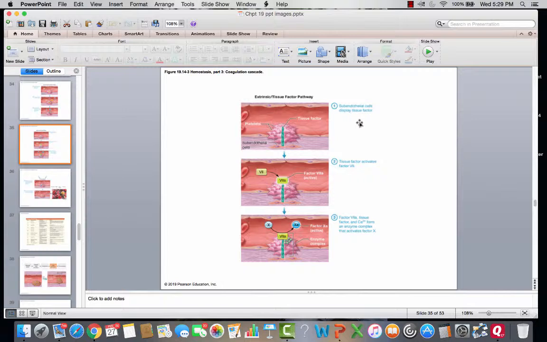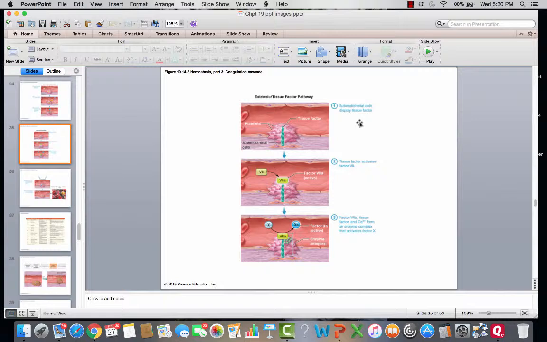Both the intrinsic and extrinsic pathways have a common pathway, and that common pathway turns fibrinogen into fibrin. And this basically is going to form those fibrin threads and glue those platelets together.